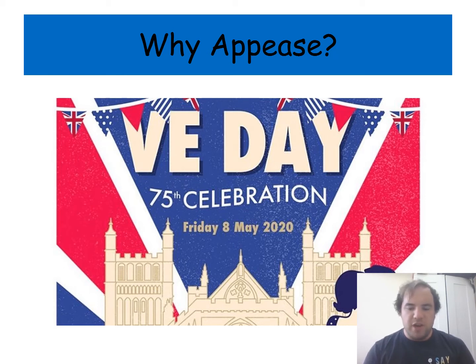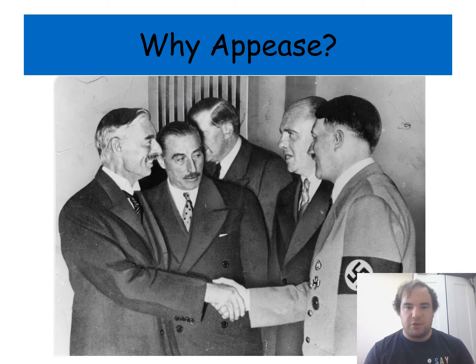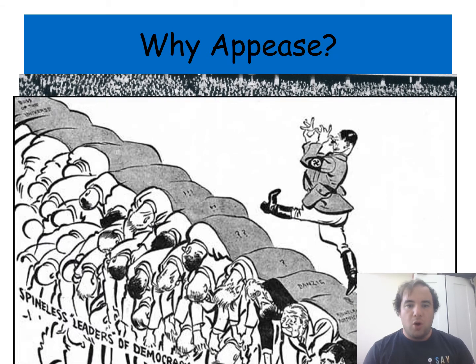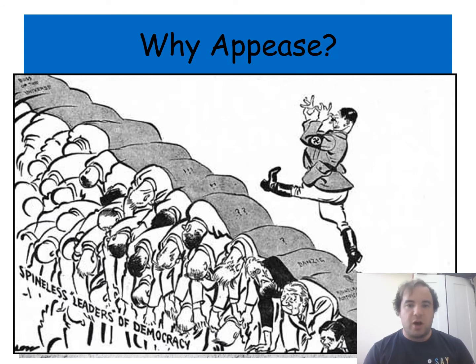So when you think about that, and then you think about images like this, for example, the British Prime Minister shaking hands with Adolf Hitler, or this, the England football team performing the Nazi salute before playing Germany in an international friendly as a gesture of goodwill. Or this, a derisory cartoon, making it look like Hitler was walking all over the spineless leaders of democracy as labelled by the cartoonist.